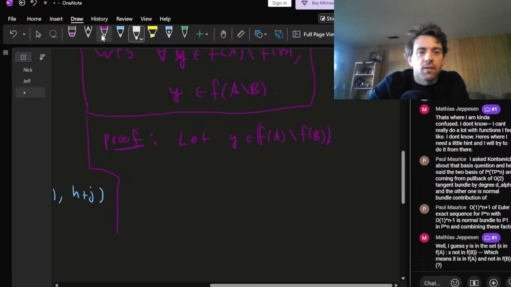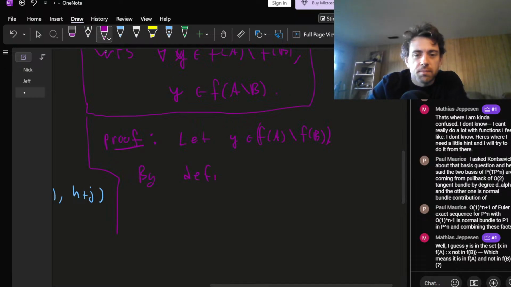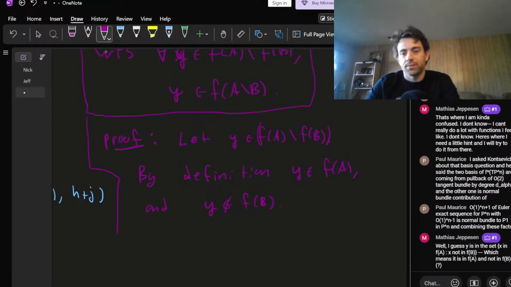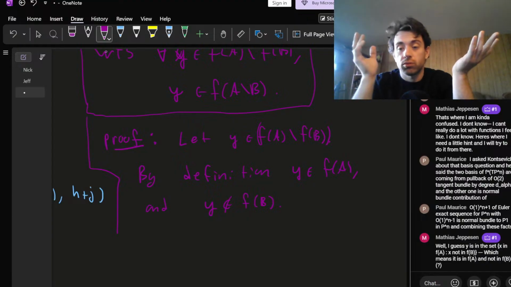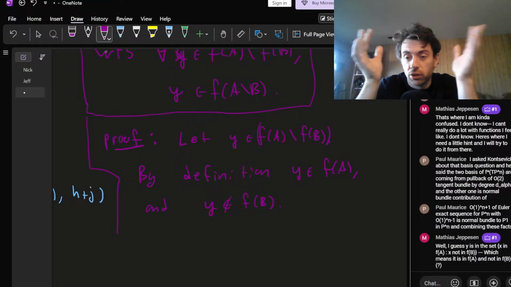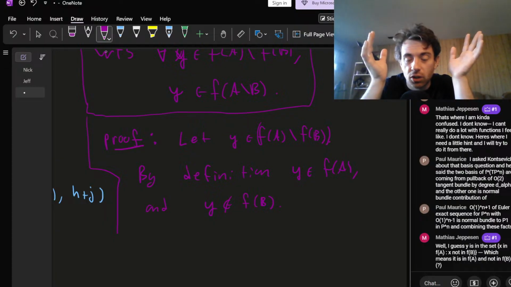So our next step in the proof would say something like, by definition, y is in f of a, and y is not in f of b. Okay. So now things become slightly more complicated because we have a choice.